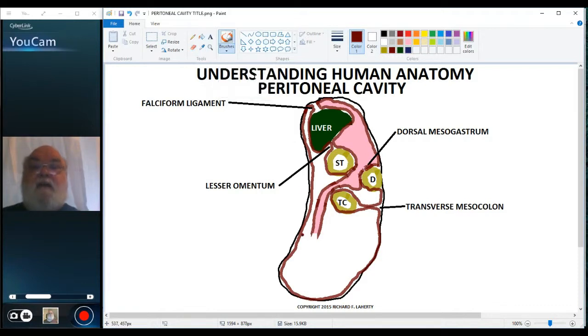It is a very fatty tissue, and it looks like it's just some extra bit of tissue that's been left over. That's nothing further from the truth. The greater omentum serves many functions, one as part of the immune system.